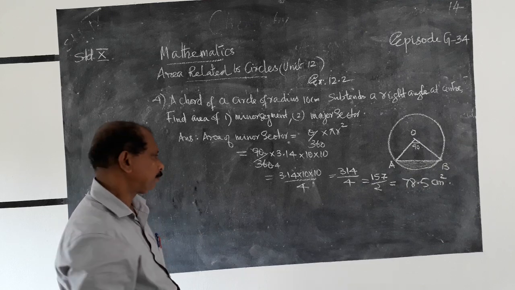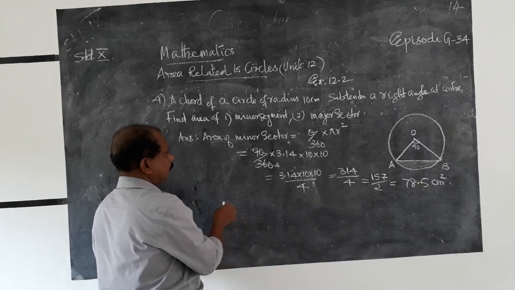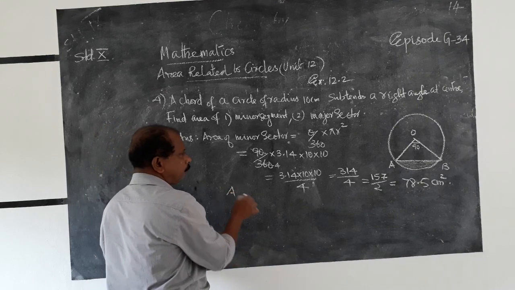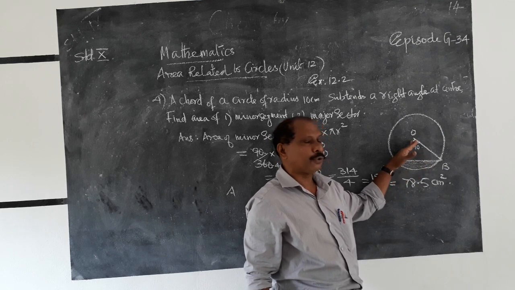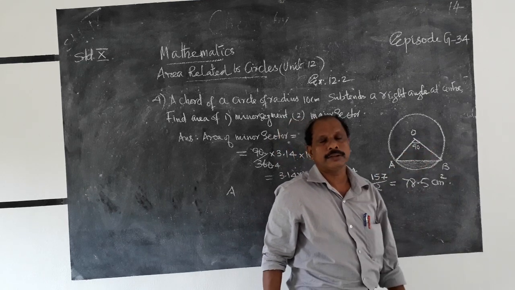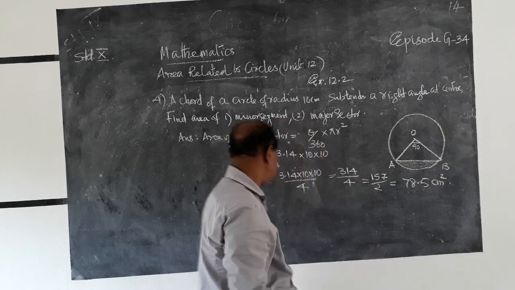Therefore, for the area of this triangle, because this angle is 90 degrees, the base is 40 and the altitude is 40. That is half bs.